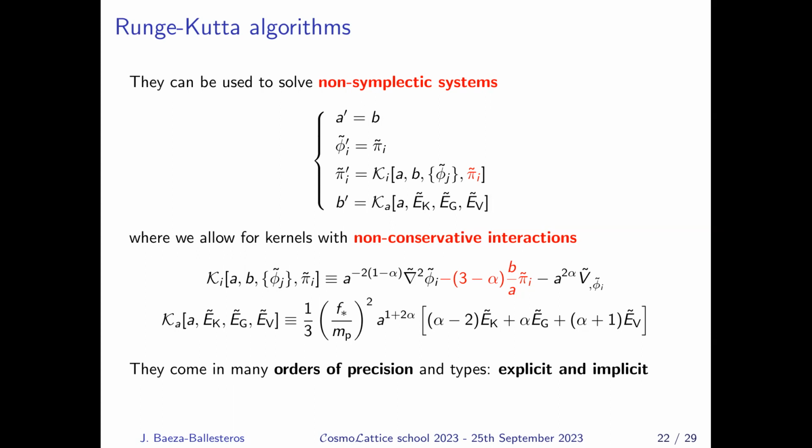The advantage of Verlet is that it allows for the generalization of Yoshida, which then is higher order. And the advantage of Runge-Kutta is that it allows for non-conservative forces. So the majority of standard canonical theories, scalar gauge theories, you can write the kernels in a conservative manner, and then you can use the Verlet integration or leapfrog.